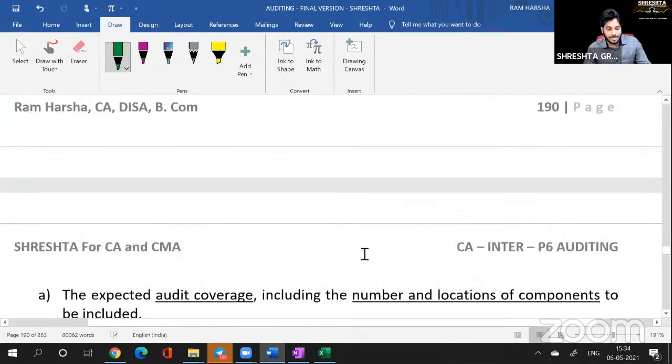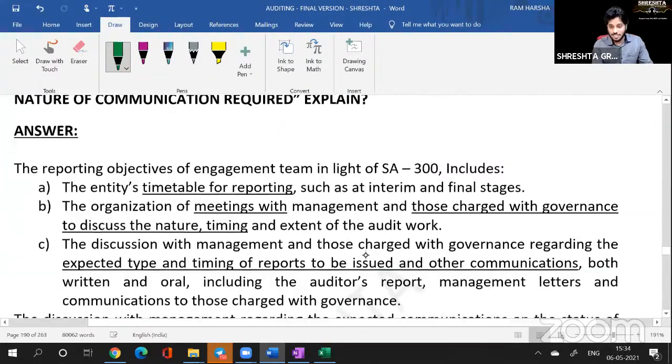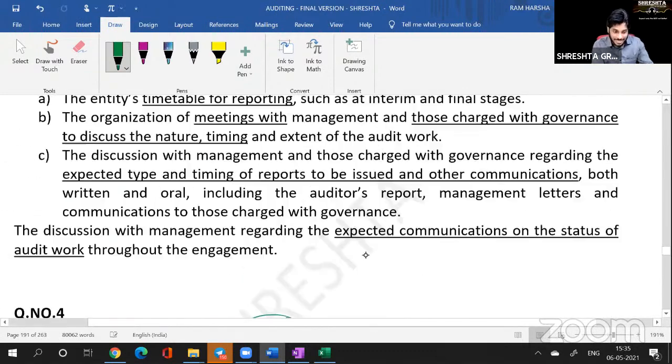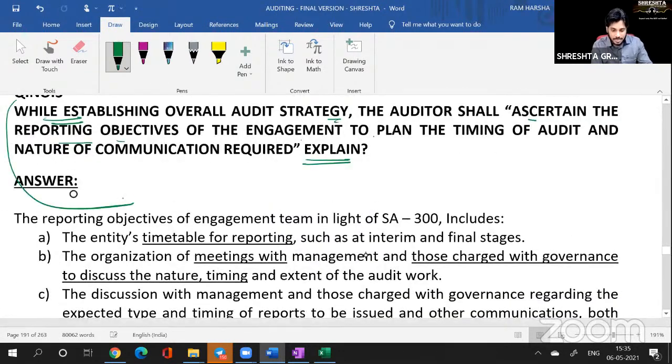In question number 3, while establishing strategy, you have to consider reporting objectives, right? And what do you mean by reporting objectives? They have explained it here. This question itself was asked for 3 marks in the November 2019 Auditing paper.